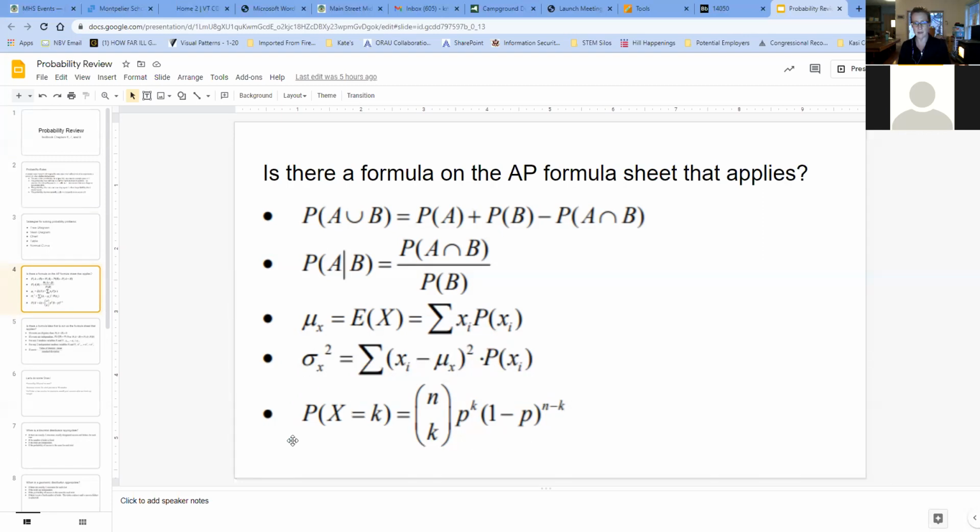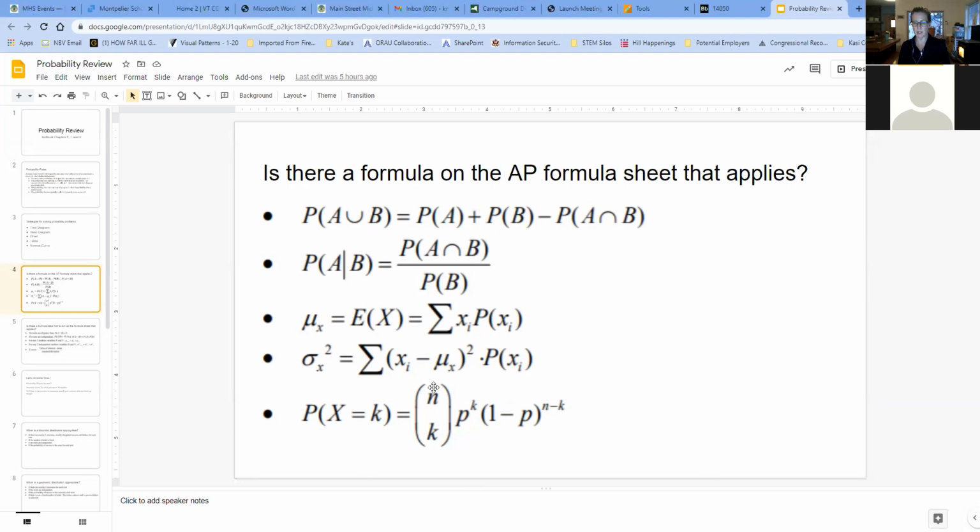And then this down here, this is talking about binomial distribution, because we can see that binomial coefficient here. Another way of writing this is nCk, where we're talking about combinations. So all the different ways we could maybe choose 3 out of 10.